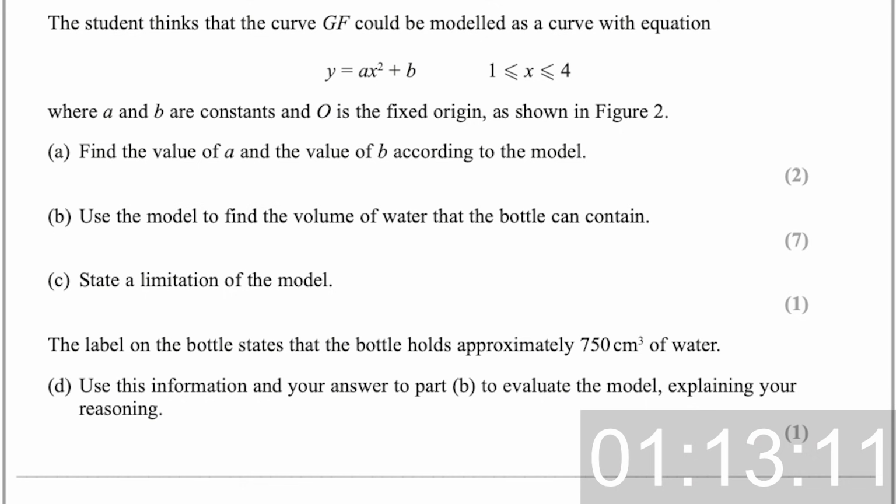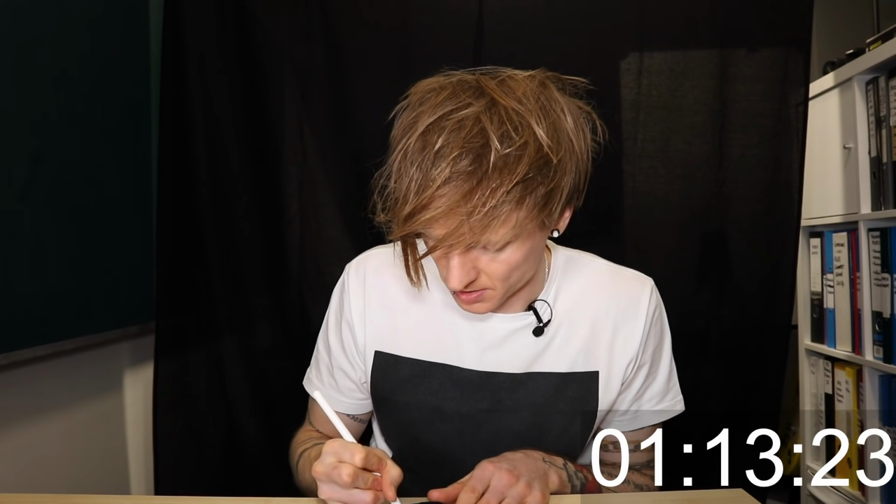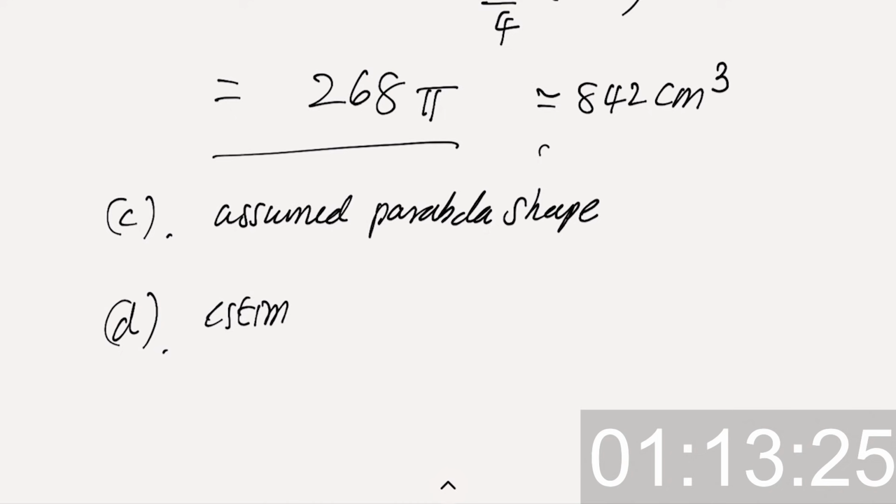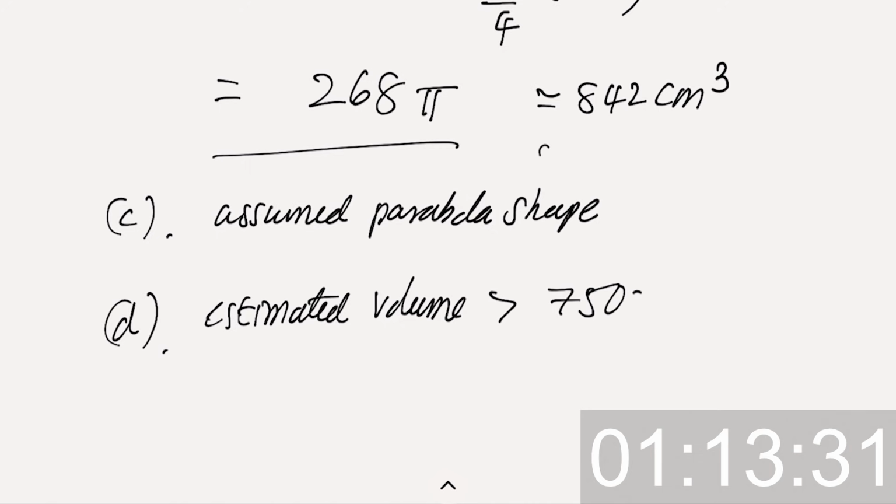And then finally part D says, use this information in your answer to part B to evaluate the model, explaining your reasoning. So our estimated volume is greater than 750, which I think sounds about right, because you wouldn't fill it all the way to the top.